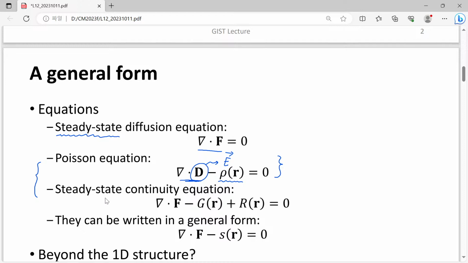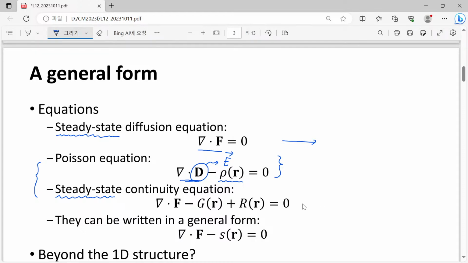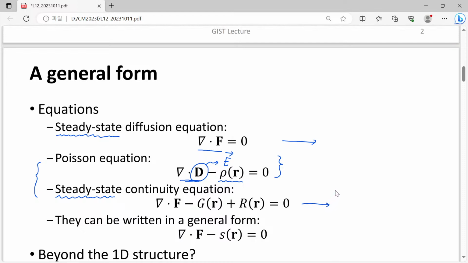And another one is, once again, the steady state continuity equation. Please have a look at this one, and when you compare the steady state diffusion equation and the steady state continuity equation, you find that they are actually quite similar.